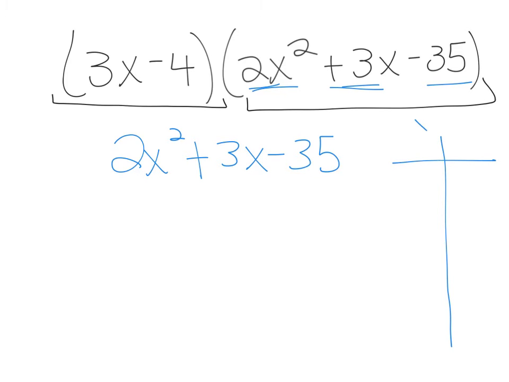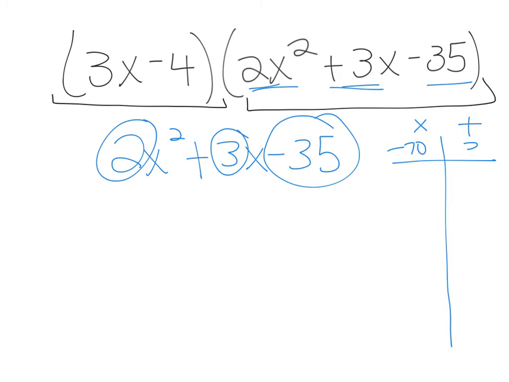So I'll set up a little table here. I want to multiply negative 35 and 2, which gives me negative 70. I want numbers that multiply to be negative 70 and add to be the b value here, which is positive 3. Now I'm going to make a list of all the numbers that multiply to be negative 70.